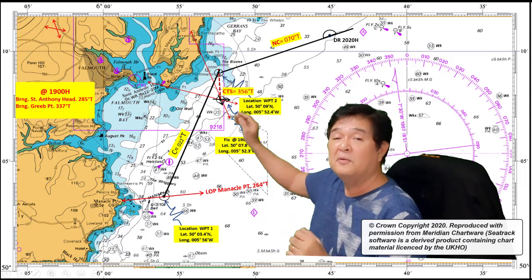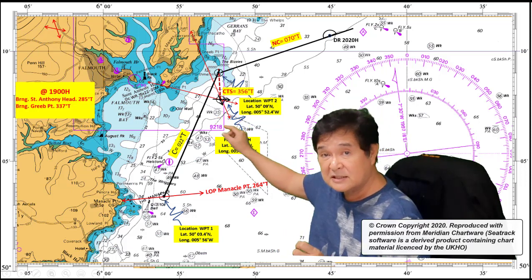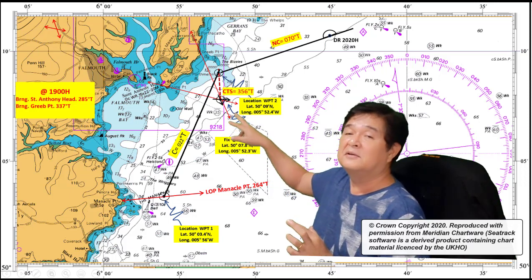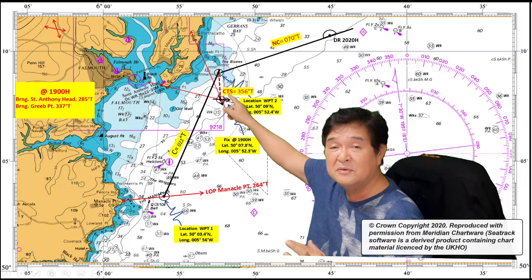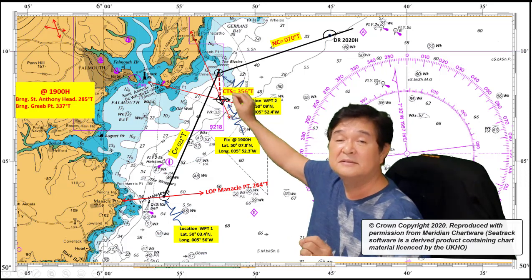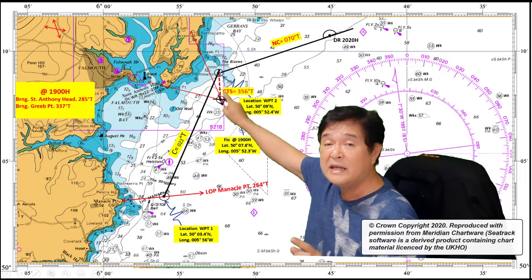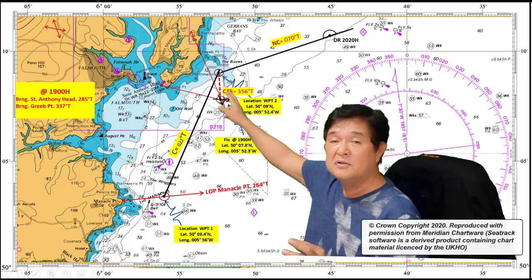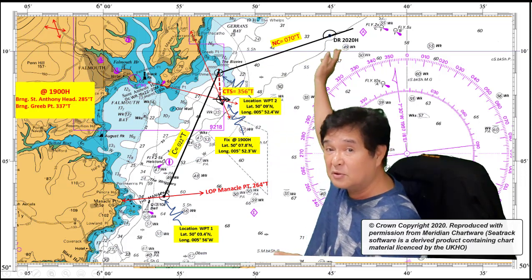Then we correct it with a course to steer of 356, and we arrive at waypoint 2 at 1920. From waypoint 2, we plotted a new course, which is 070 true, northeast.